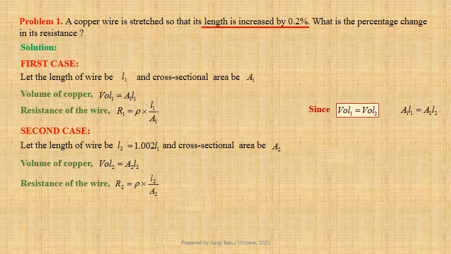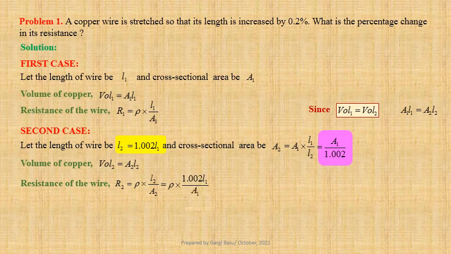Therefore, A2 equals A1 into L1 by L2. That is equal to A1 divided by 1.002. Resistance of the wire R2 equals rho into 1.002 times L1 divided by A1 by 1.002.